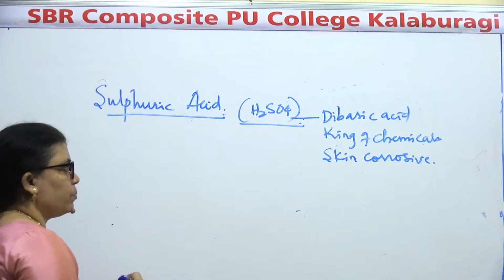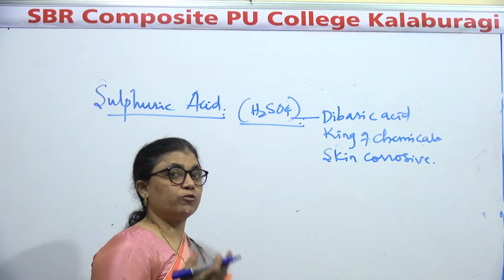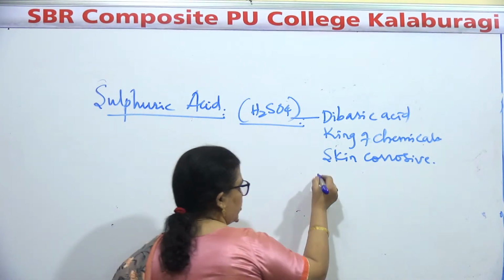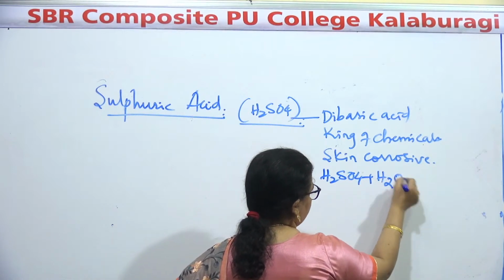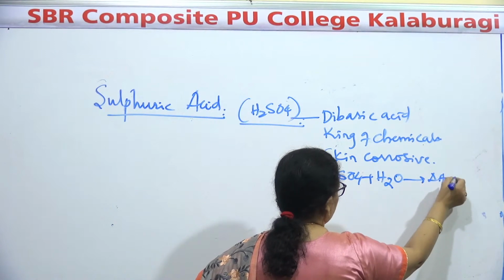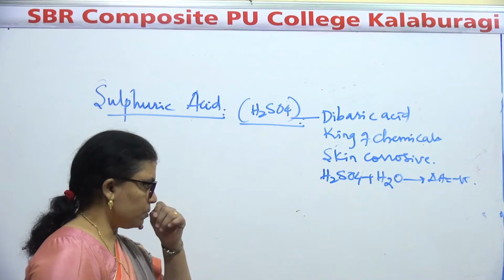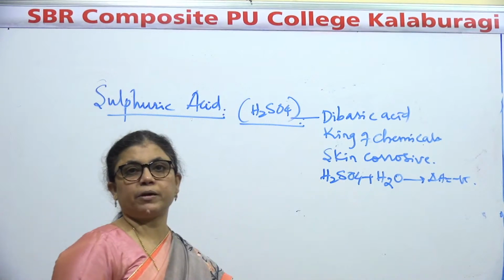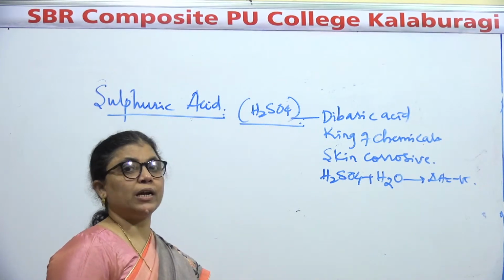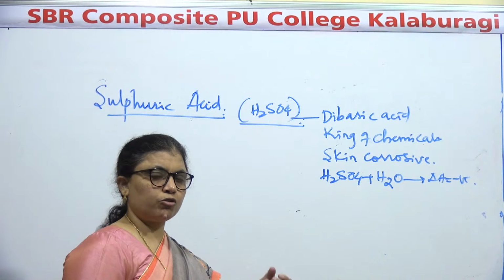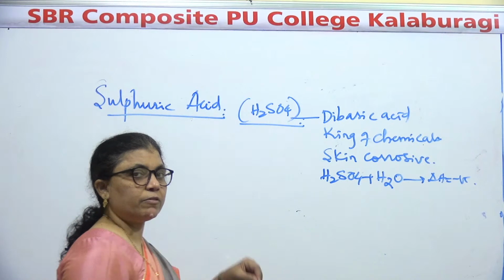One more thing, have you observed in the lab, children? Sulfuric acid when dissolved in water gives an exothermic reaction, liberating an enormous amount of heat energy. That's why, while preparing diluted acid, it is necessary to put a little sulfuric acid into water with continuous stirring.